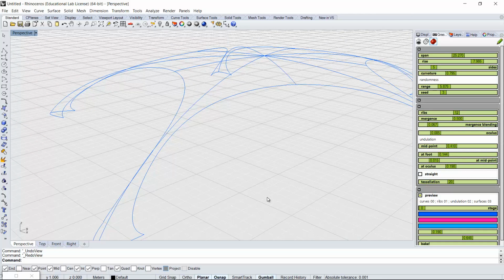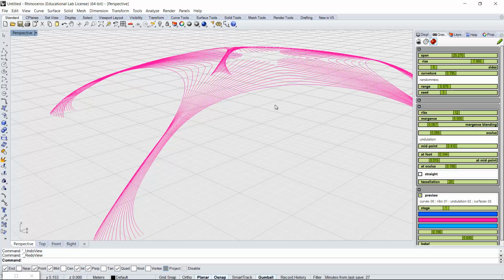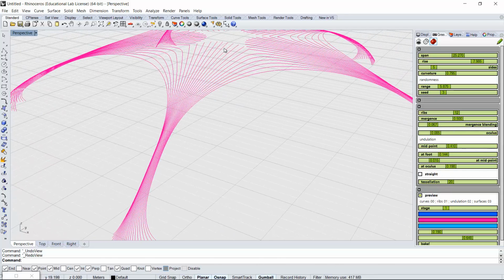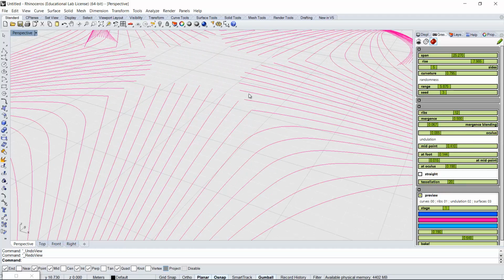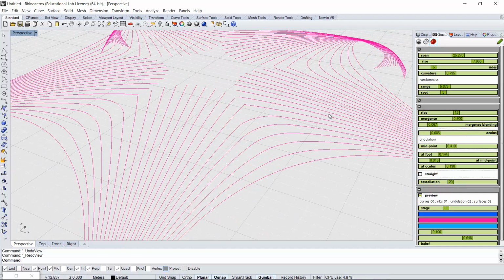The form has a number of other parameters. Some of them are concerned with the ribs of the form, for example, the number of ribs and the mergence, which means the continuity between the adjacent ribs.